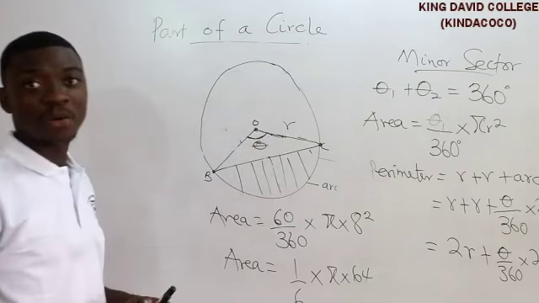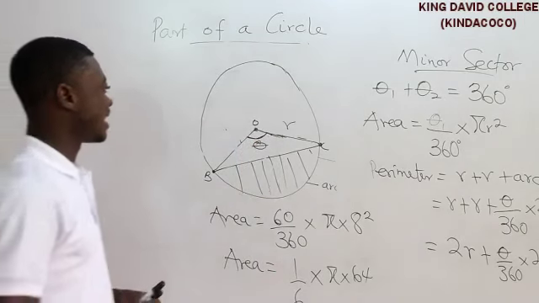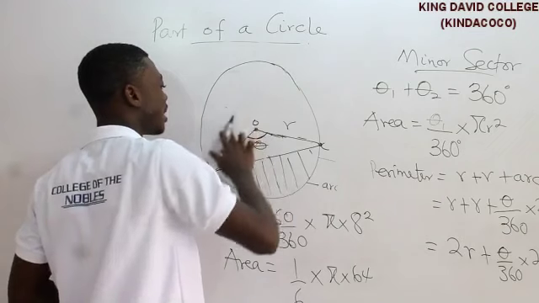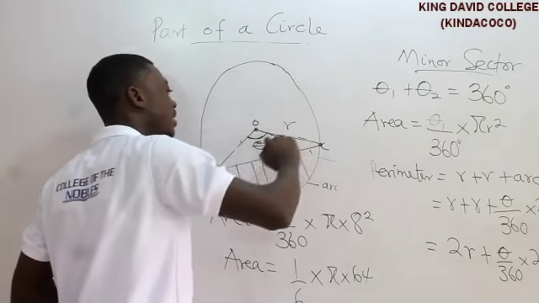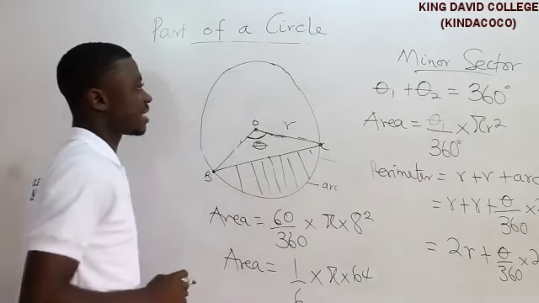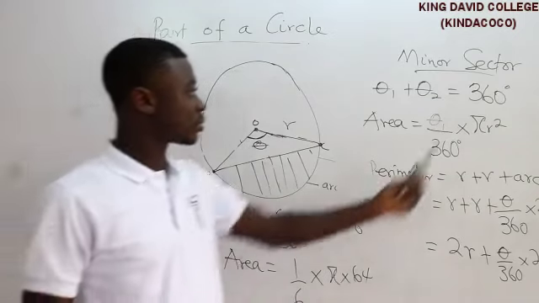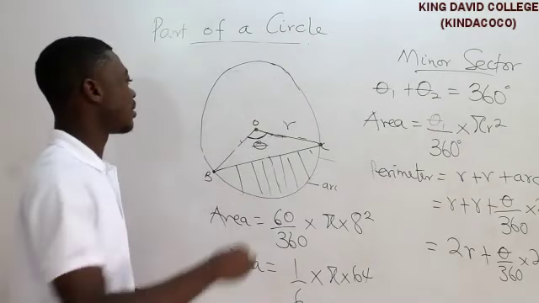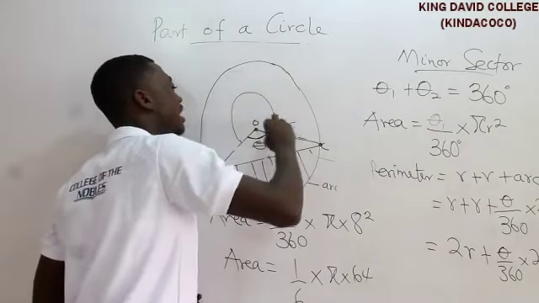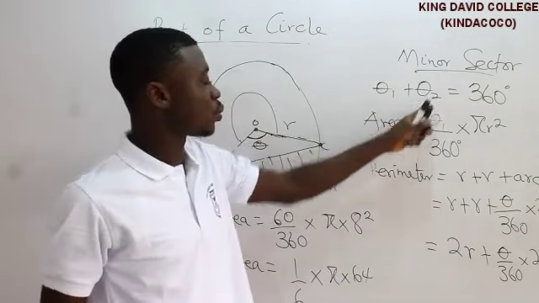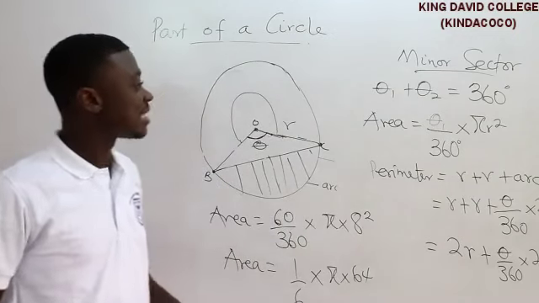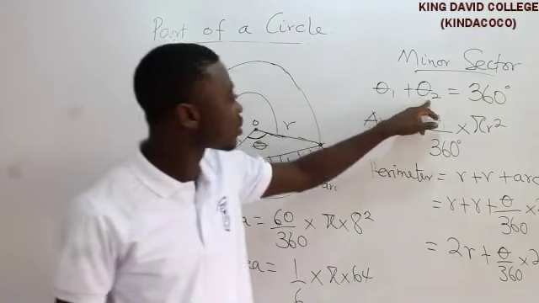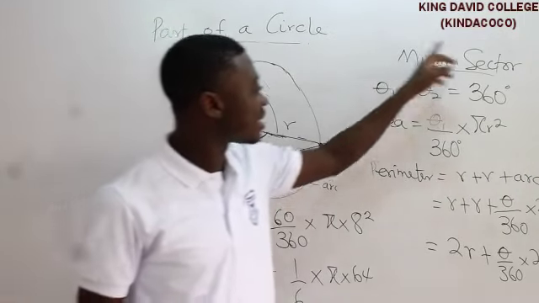When we are looking at the major one, we say that this whole thing around here is 360 degrees. I told you. So if we are looking at the major, we'll be using the bigger theta, the second one, theta 2. So what is theta 2?